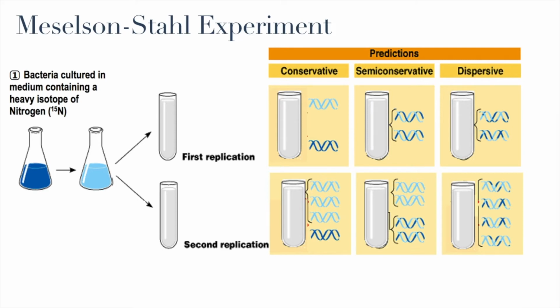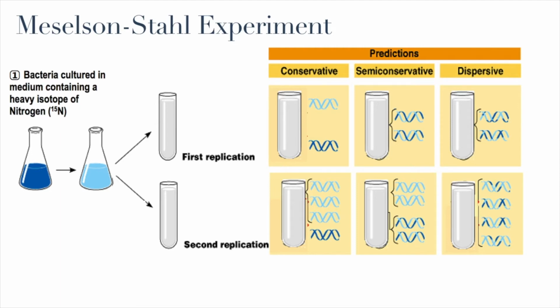They decided to work with E. coli bacteria. And they cultured the E. coli bacteria in a medium that contained a very heavy isotope of nitrogen called nitrogen 15. What that means is that whenever the bacteria were making their new DNA strands, as bacteria do when they replicate, they would pick up the particularly heavy nitrogen in the broth in which they were grown.